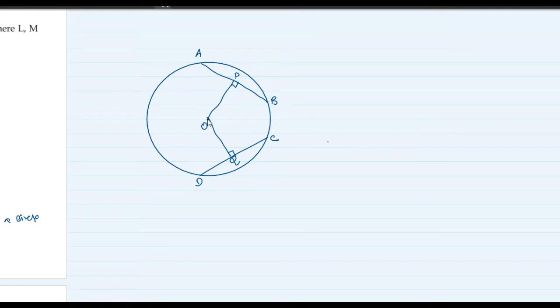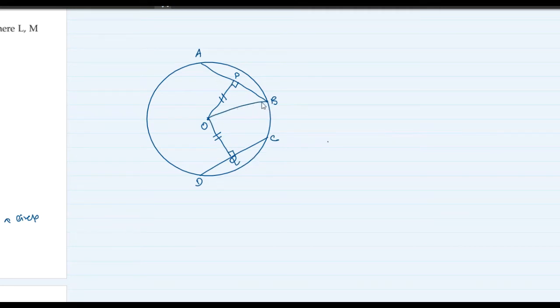That means their distances from the center are equal. That means OP is equal to OQ, it is given, and these chords are also equal. That's what you have to prove.